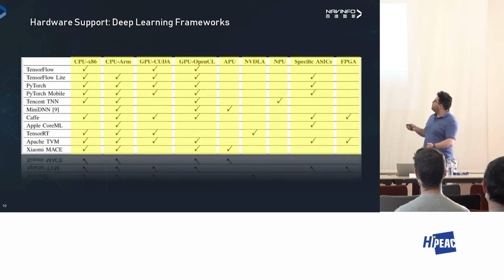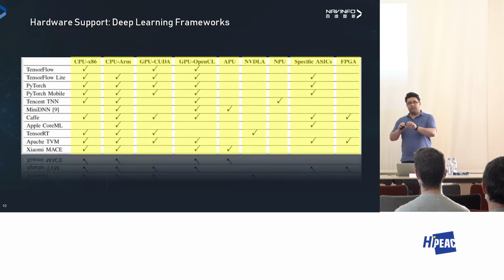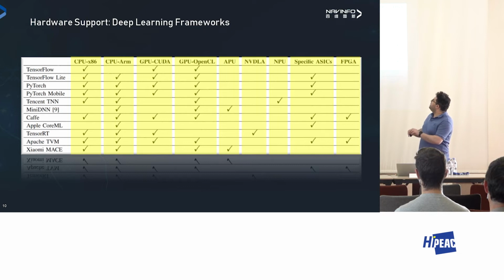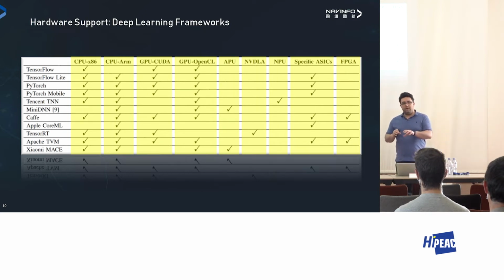We only have to use MiniDNN or Xiaomi. The same goes for the Nvidia Deep Learning Accelerators, which is again an integrated accelerator specifically designed, called Nvidia Deep Learning Accelerators, and it is already included in all the architectures after the Xavier architecture, which was introduced, I think, in 2018.